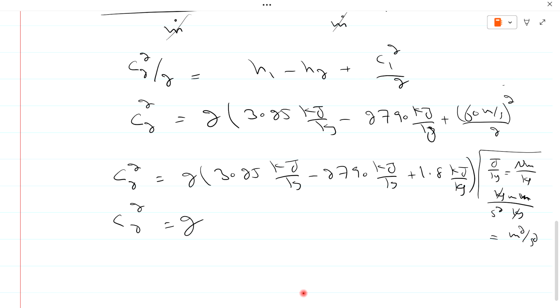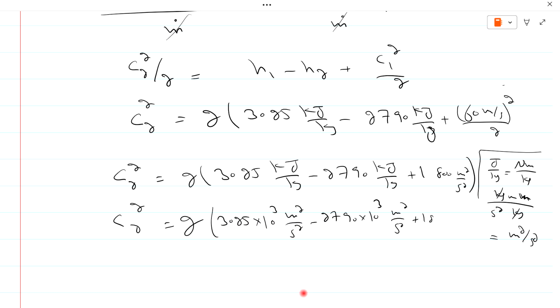So this will be equal to 3025 multiplied by, write 10 power 3 instead of k, and joule per kg is equal to meter square per second square, minus 2790 multiplied by kilo, 10 power 3, and joule per kg is equal to meter square per second square, and this is already equal to 1800 meter square per second square plus 1800 meter square per second square.